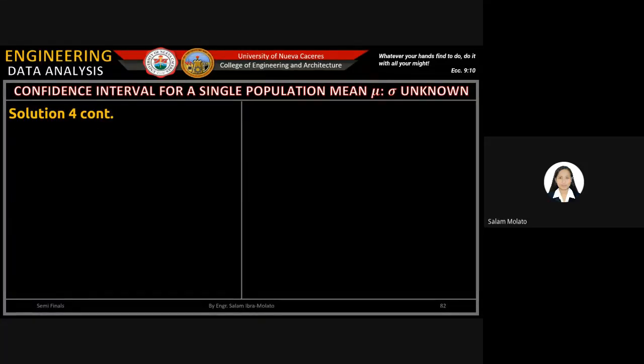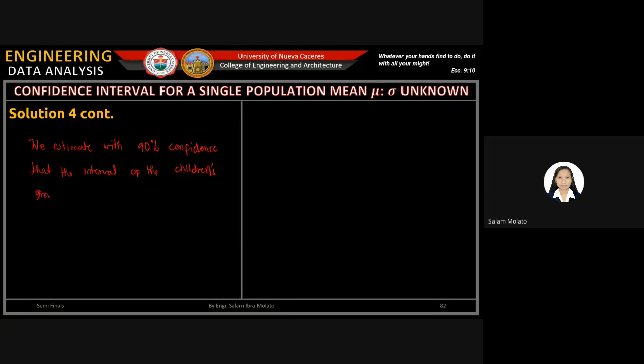Paano paggawa ng statement natin? So we can say now that in interpretation, we estimate with 90% confidence that the interval of the children growth, 'di ba?